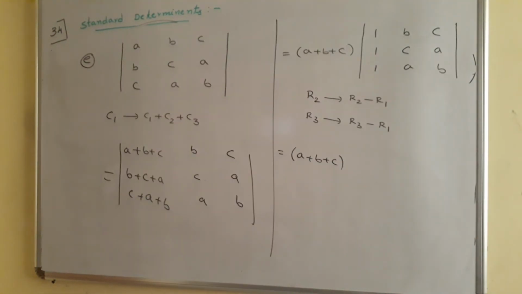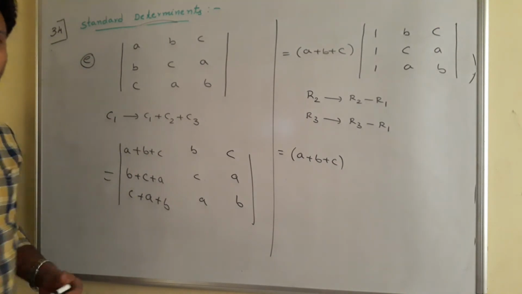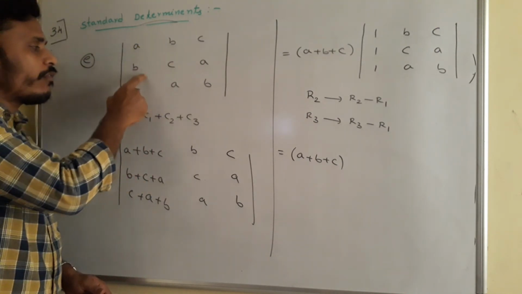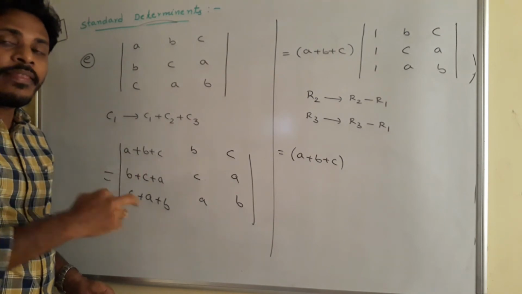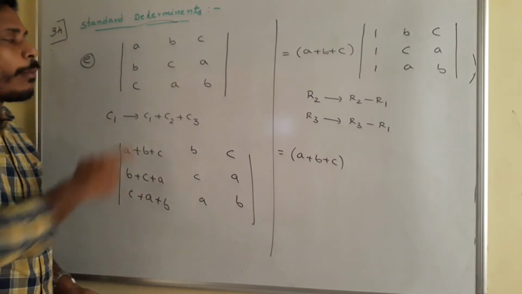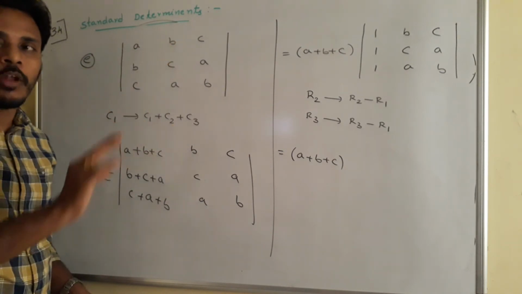So for E, we need to find the determinant of ABC, BCA, CAB. To find the determinant, if I have 1, 1, 1 in the first column, then I will make 2 zeros and find the determinant. That is the usual way. But here there are no ones in the first column or in any column or any row.